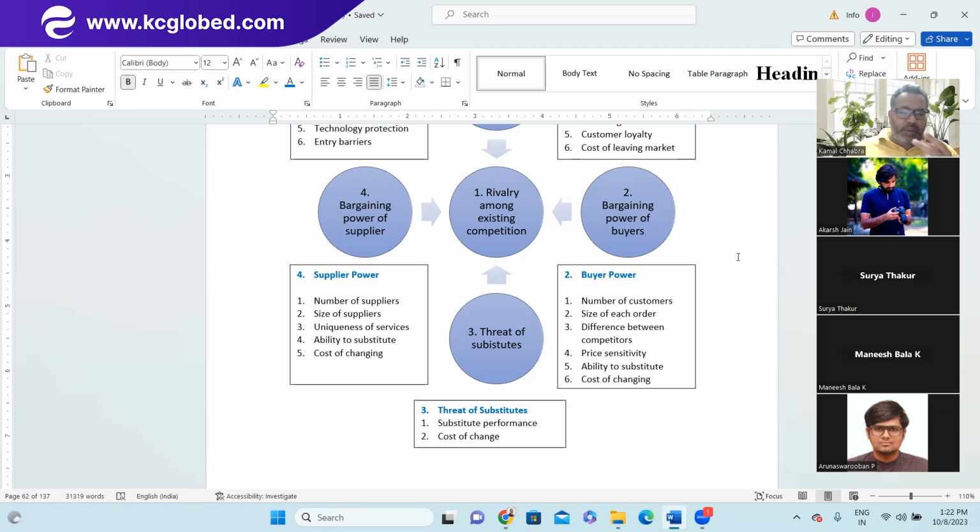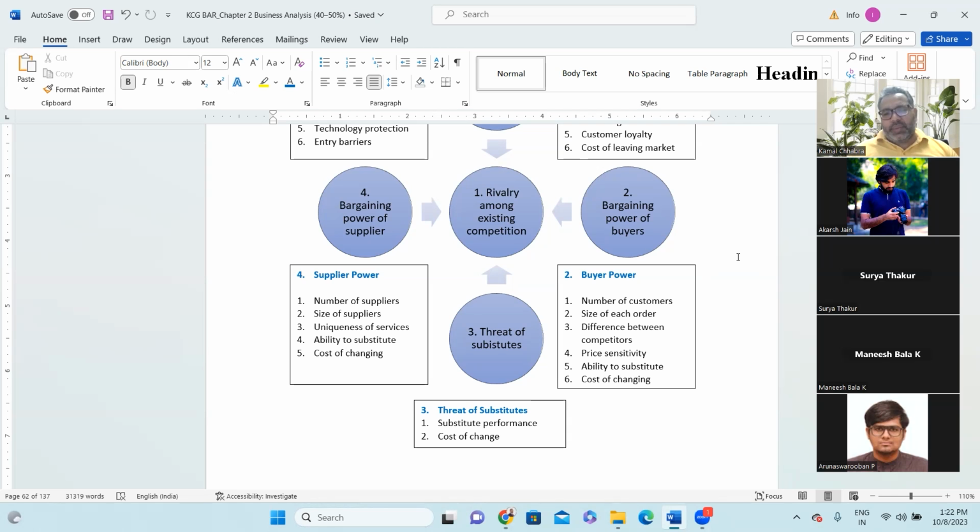The key inputs for the tire are natural rubber and synthetic rubber, in addition to wires and other chemicals, but 60% to 65% is natural and synthetic rubber. If the supplier stops supplying rubber, how may it impact their business?